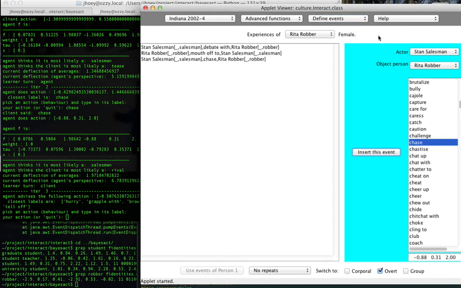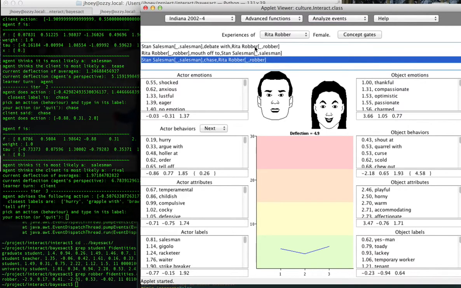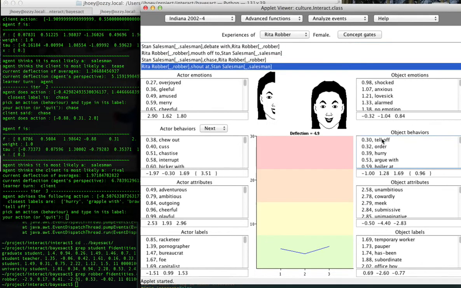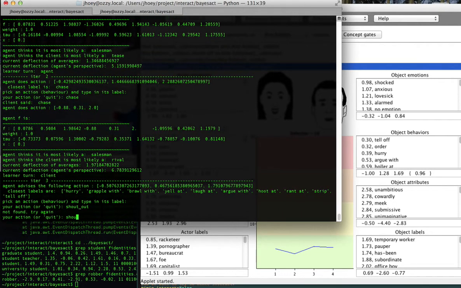There it is. So he chases her in response. We analyze these, so I've already clicked the run automatically, so we get a nice little run. And her response to this will be to shout at Stan the salesman. She's feeling quite happy about this situation. It's going her way. He's not feeling so happy about it. So she responds with shout at.